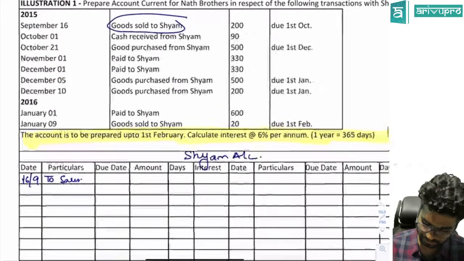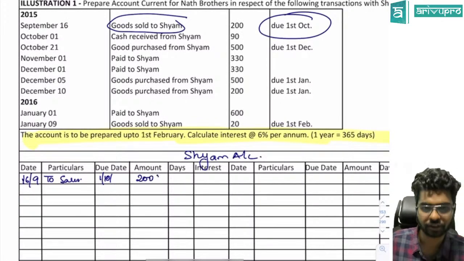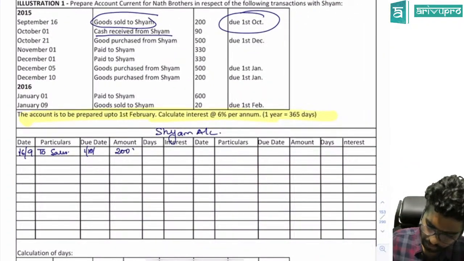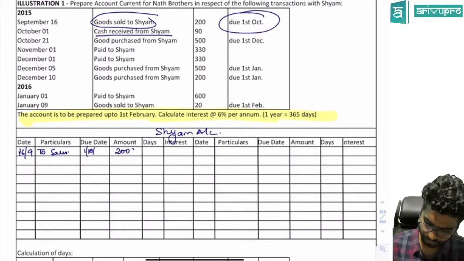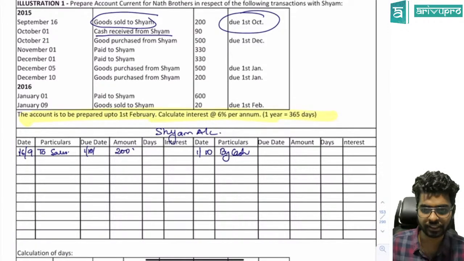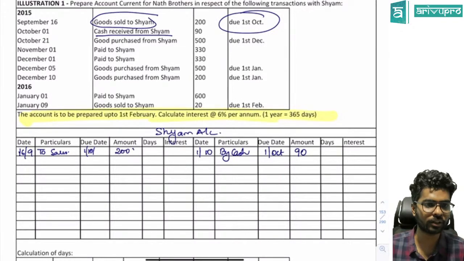Sham to sales. What is the due date? 1st October, and the amount is 200. Let me fill this up first. Cash received from Sham. What's the journal entry? 1st October you're receiving it. By cash. If nothing is given, consider the due date as 1st October itself as 90. Are you clear?